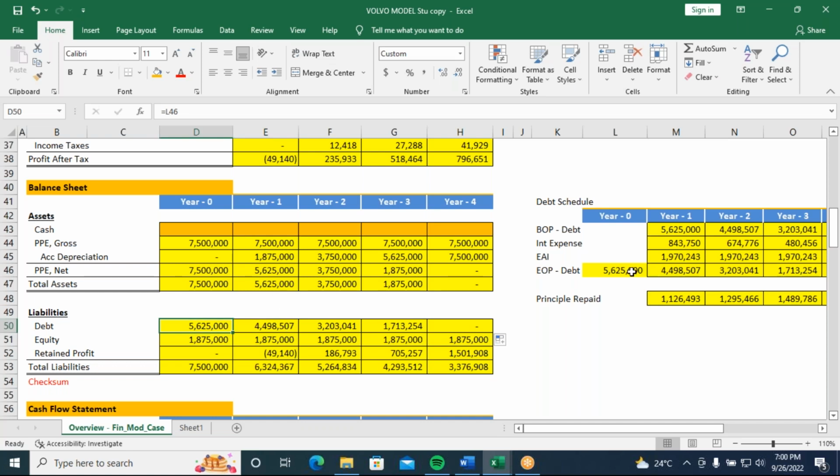Here the debt value I have to take from the debt schedule, the end of the period debt amount. It was not PPE net, sorry.